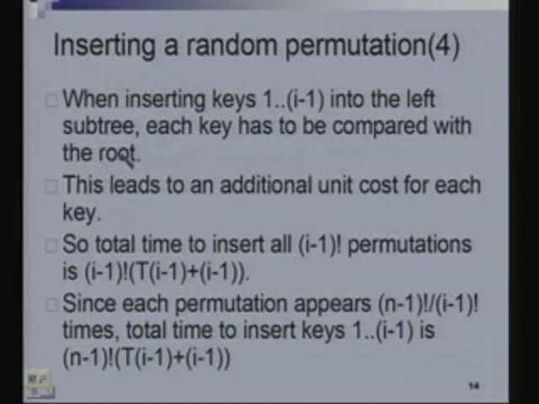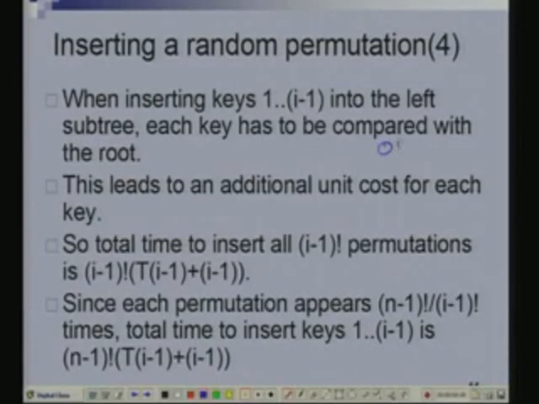So, each key has to be compared with the root which is I. Now, it is as if I am creating a tree of I minus 1 elements. Yes, I am creating a left subtree of I minus 1 elements, but I can't just count that as the average cost, because I am also counting one more, because now for each of those elements in the left subtree, their level is actually one more than if it were just the left subtree.